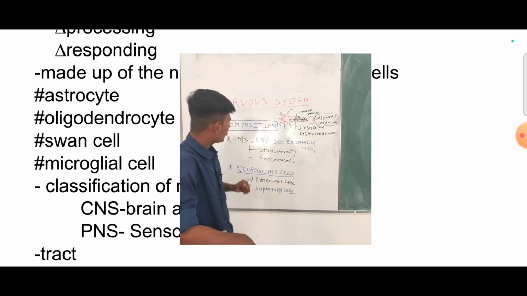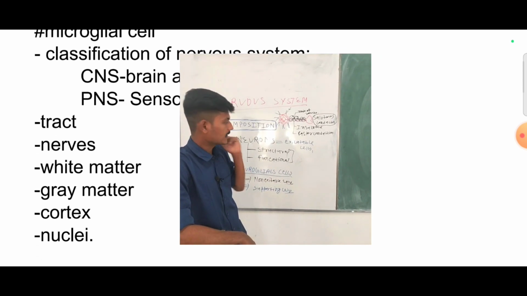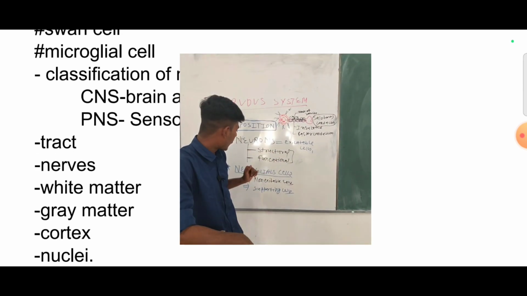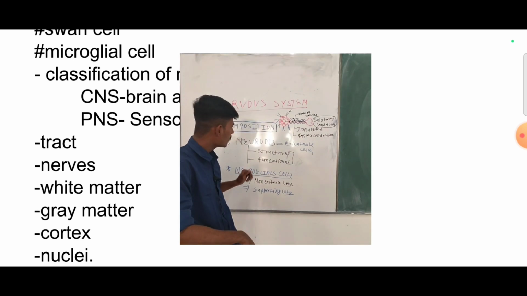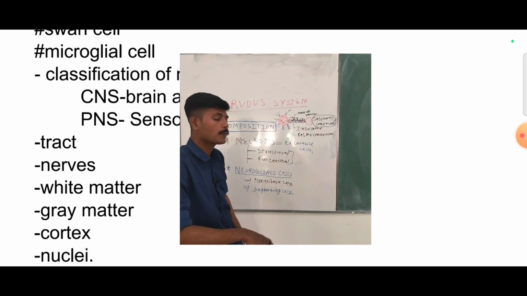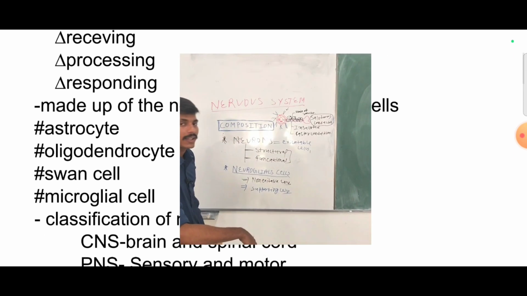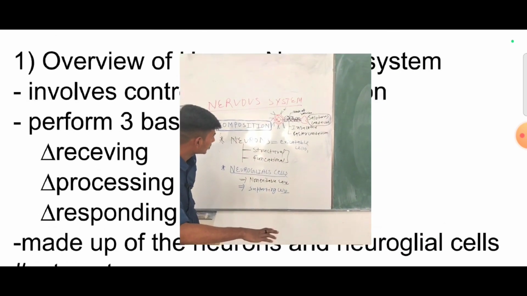The second thing is that neurons are the true functional cells, the excitable cells. The difference between neurons and neuroglial cells is that neurons show the electrical phenomenon, whereas neuroglial cells won't. That's why they are also known as non-excitable cells.